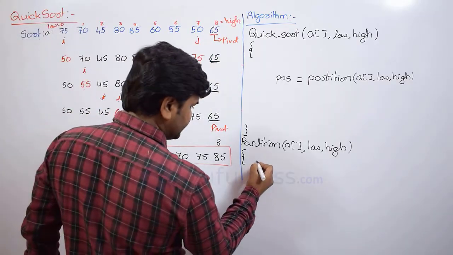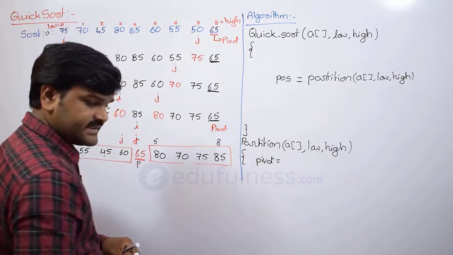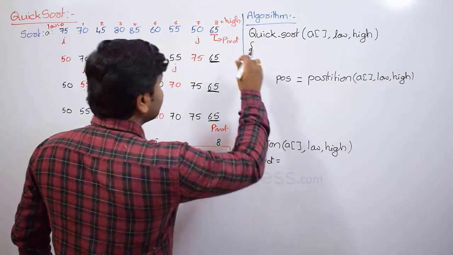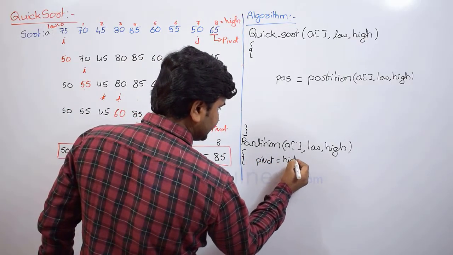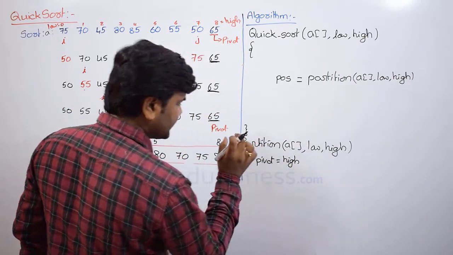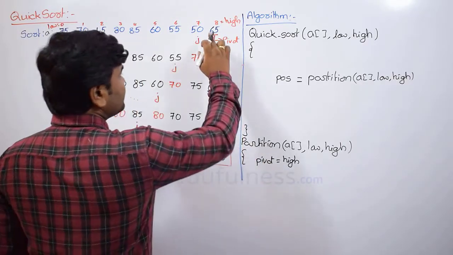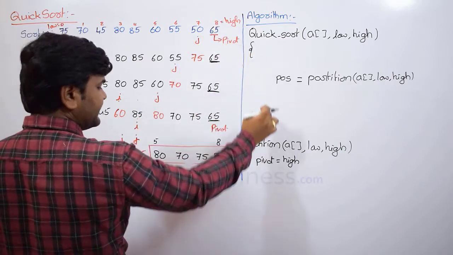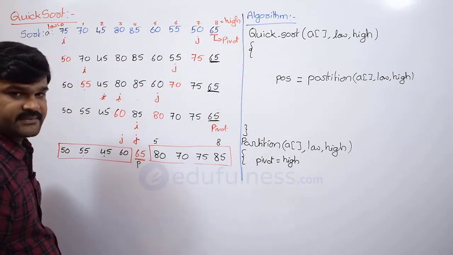I am setting the pivot as the highest index element, right? So I am going to take the highest index as the pivot element. That is why pivot is A of high. That is the 8th index, and its corresponding element is 65.